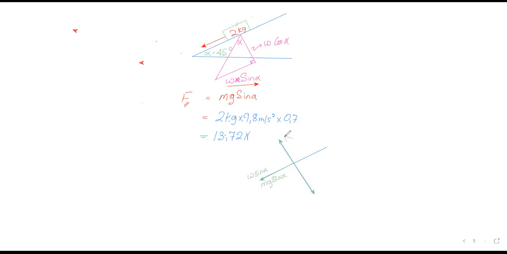And this one will be the normal. And this one will be mg cos alpha.